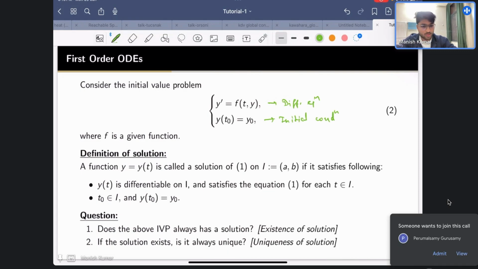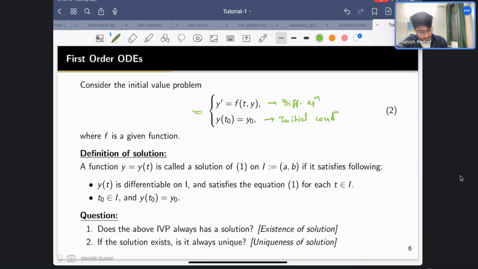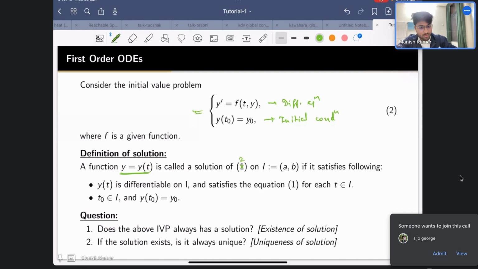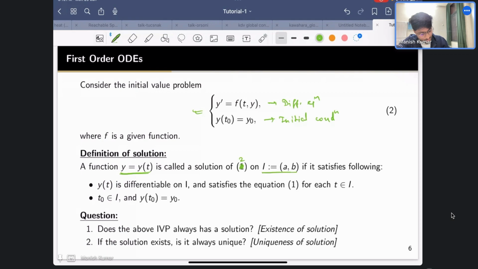What do we mean by the solution of this initial value problem? It's quite obvious how you would define it. The function y will be called a solution of this IVP on some given interval I if it satisfies the following conditions.